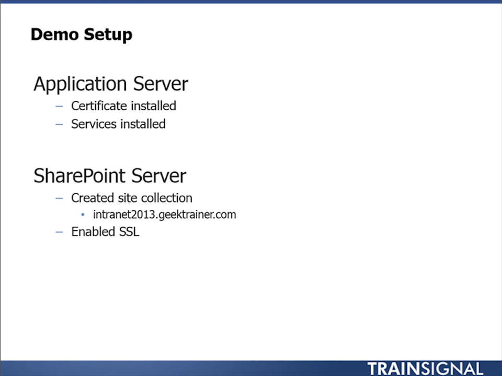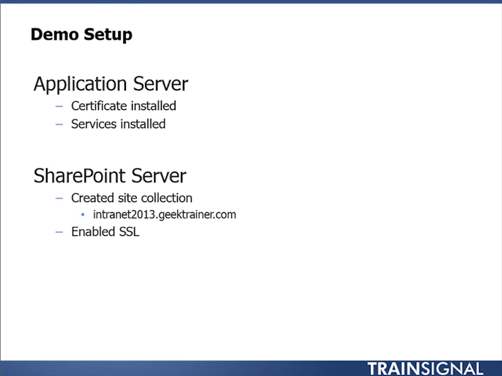One of the big things about the Office Web App Server is that the default for communication, which is actually a good thing, is SSL, and it requires SSL from start to finish, from back to front. So I'm going to need SSL enabled on the web application that's going to be using the Office Web Apps, as well as on the Office Web App Server, which is why I have the certificates set up.